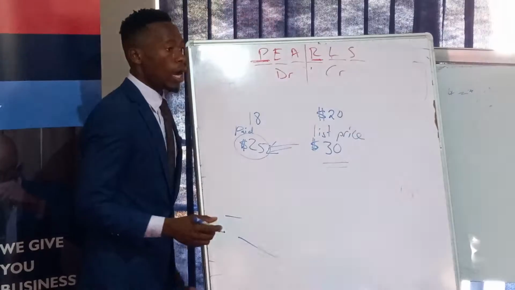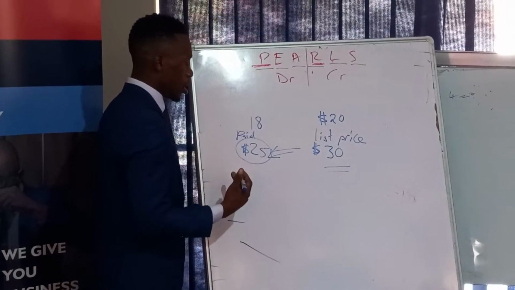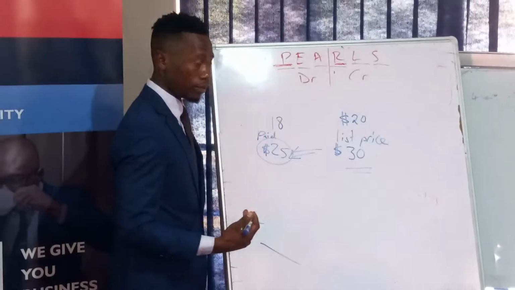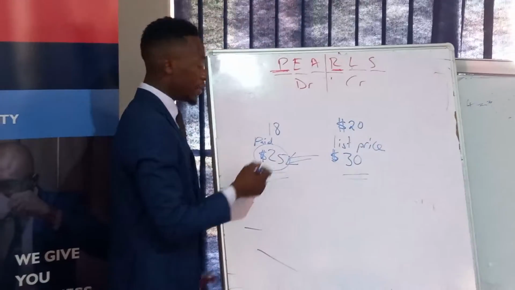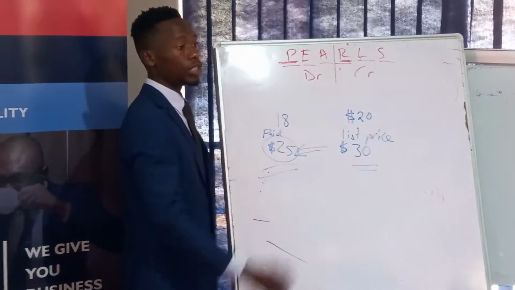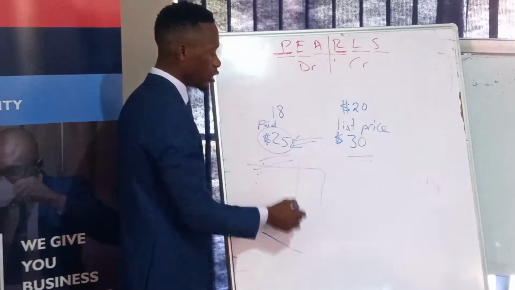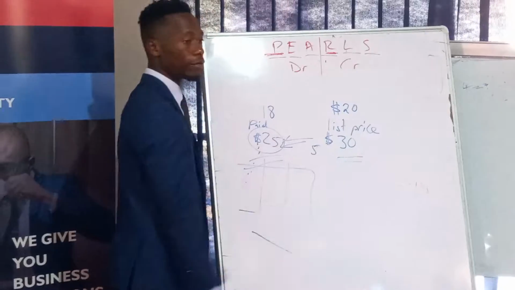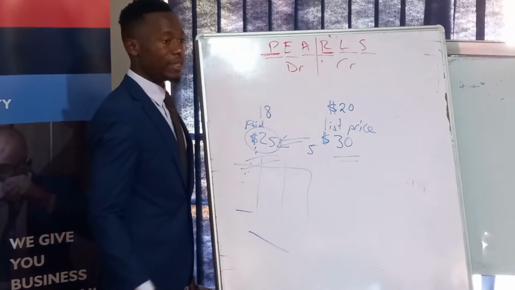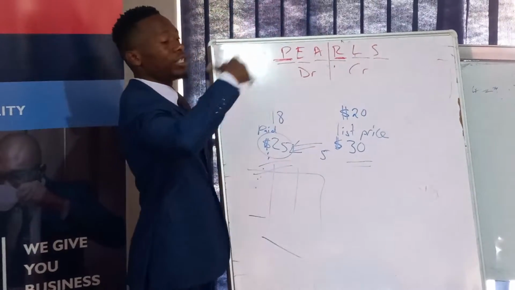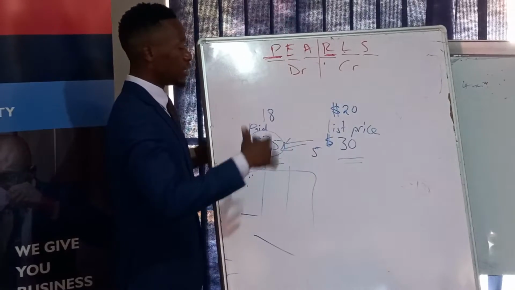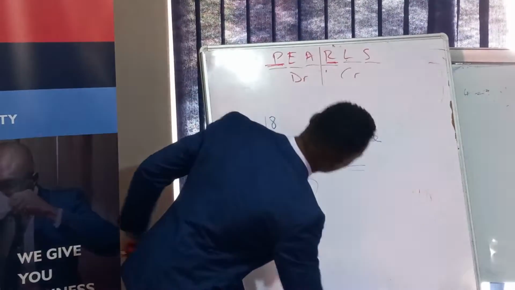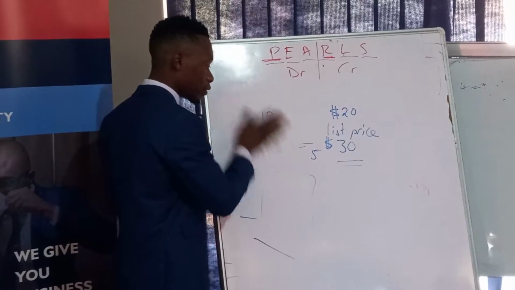In the books, you tell people that you have paid 25. This is the cost that you are going to record in the books. So when you prepare a journal entry, you prepare it for the $25, not for the 5. The trade discount, we won't even know that there was a discount. So trade discount is not recorded in the books of accounts.